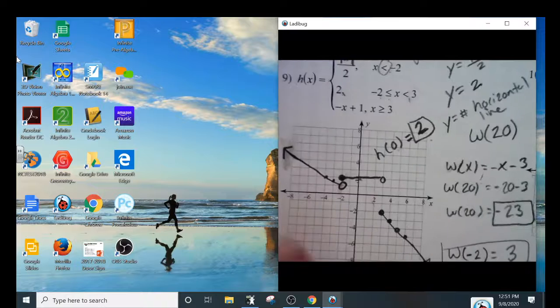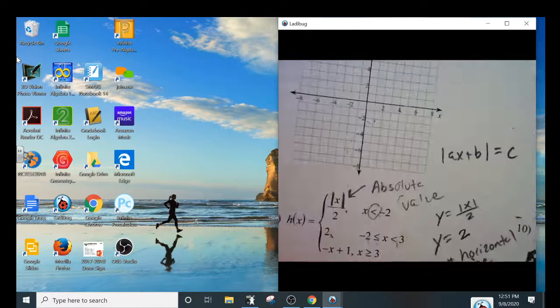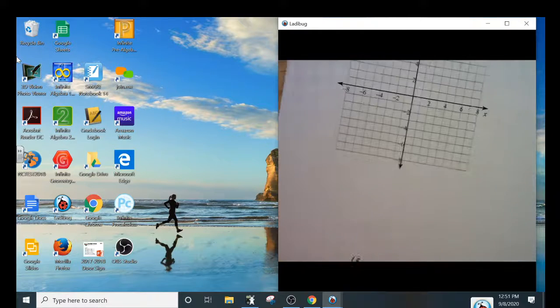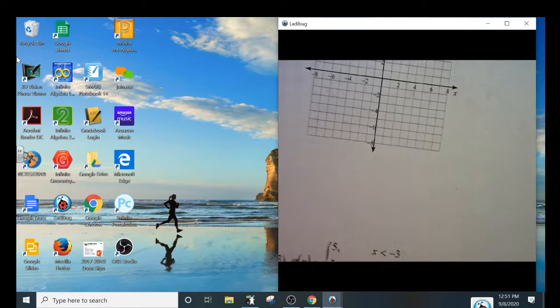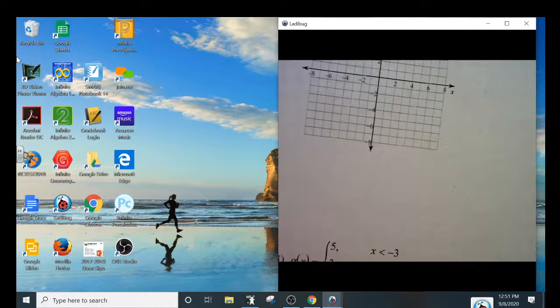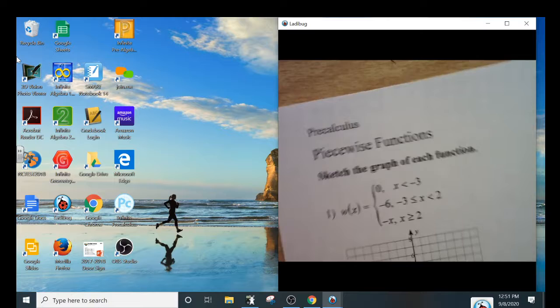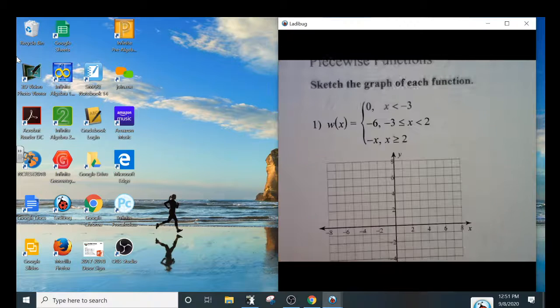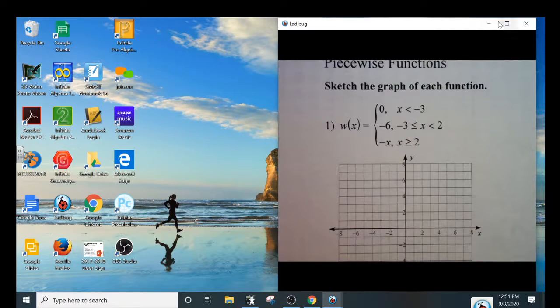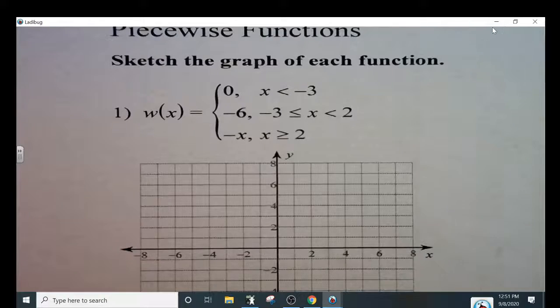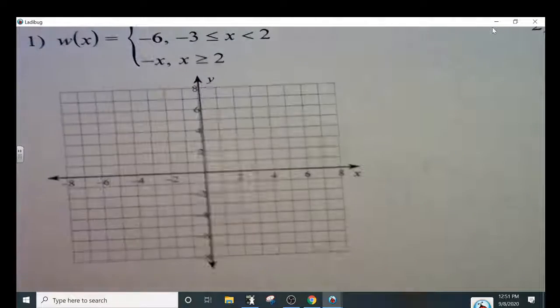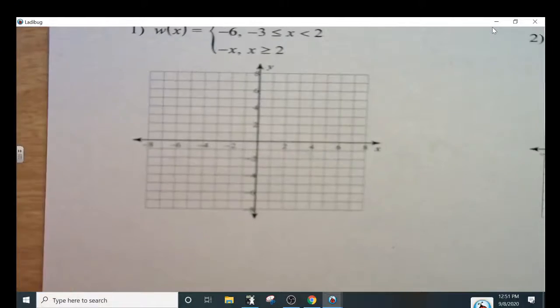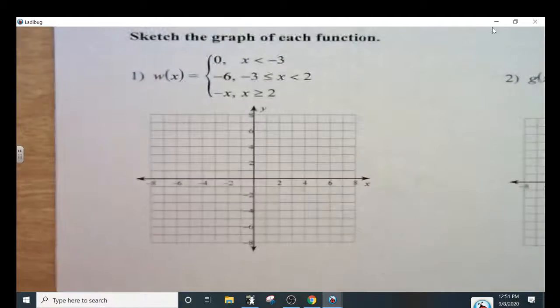Guys, let's do this to break up the monotony a little bit. Y'all do number 1. Do number 1, see what you can get. Now, guys, let me make this big again. All right. And guys, we'll come back together and do it.